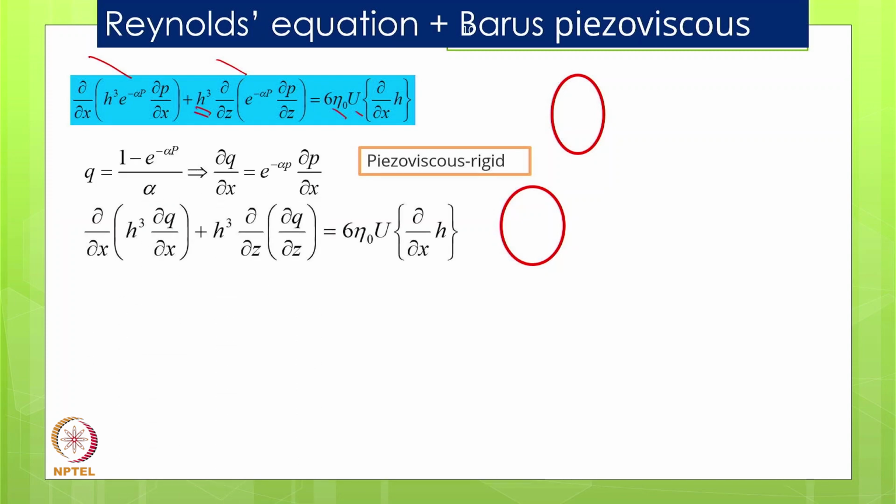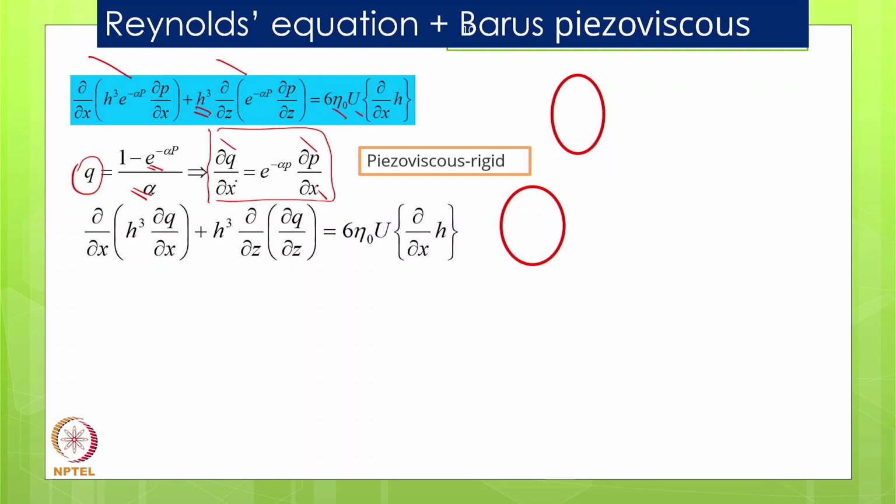Now one interesting thing is that if we substitute q equal to (1 minus e to the power minus alpha p) divided by alpha, then we will get this term: dq by dx equals e to the power minus alpha p times dp by dx, obviously the partial ∂q/∂x, or we can use the word del also.